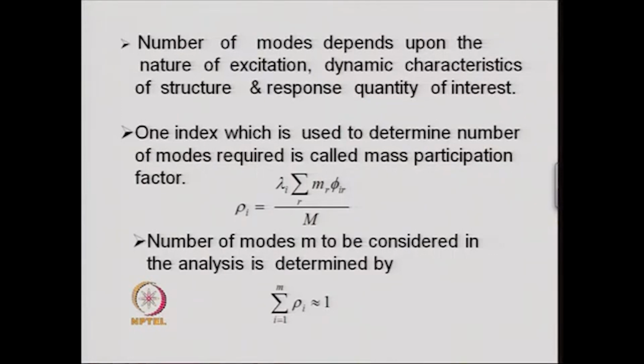So in that case we satisfy ourselves by considering 5 to 10 modes of a very large structure, and therefore, for a large structure we benefit by reducing the calculations, because we have to then solve 5 or 10 single degree of freedom equations to get the final answer. Now, this is so far as the displacement response is concerned.